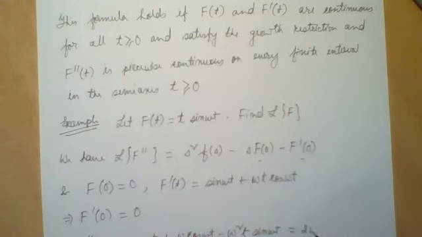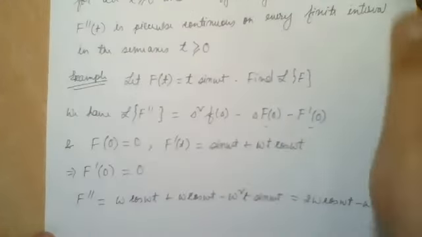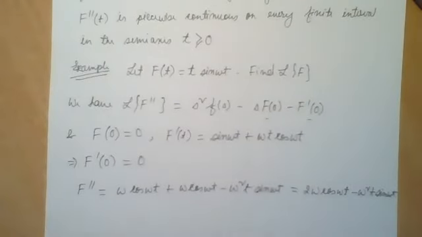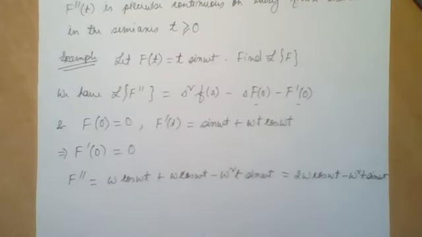This is nothing but twice omega cos omega t minus omega square t sine omega t. Now let us take the Laplace transform of this.